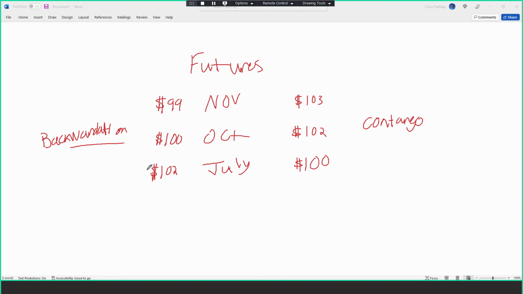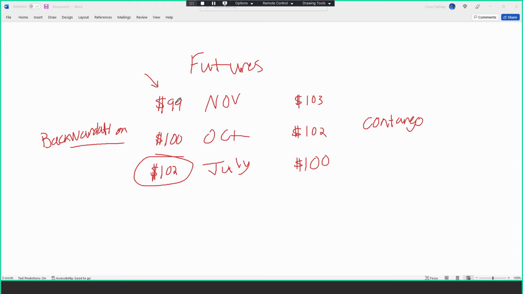So the market might say, well, we just don't have enough oil right now. There could have been a terrorist action or Russia invading Ukraine, and that takes off some of the Russian supply or whatever. Prices can get expensive in the short term, but everybody says, well, by November, we can ramp up our supply. We can open up new areas, we can get some rigs working, et cetera.